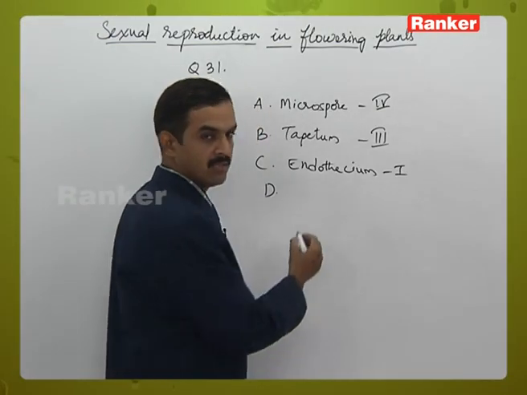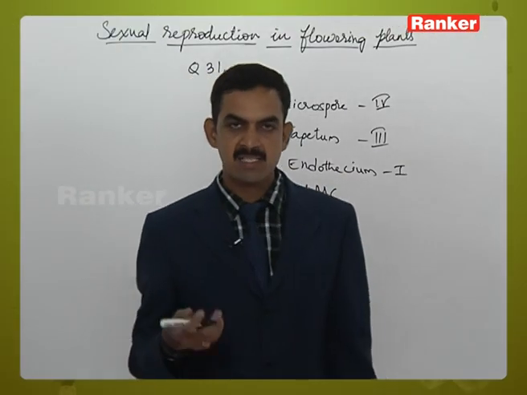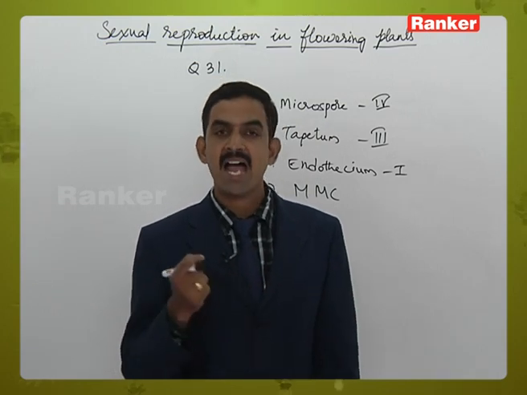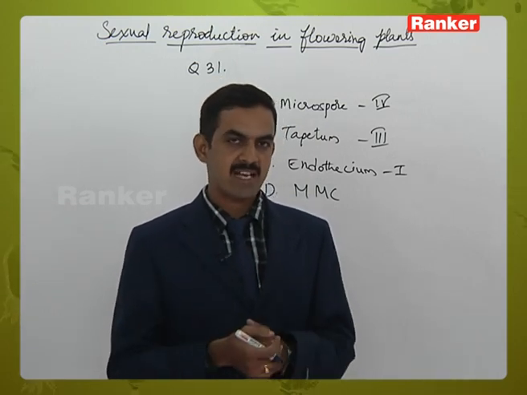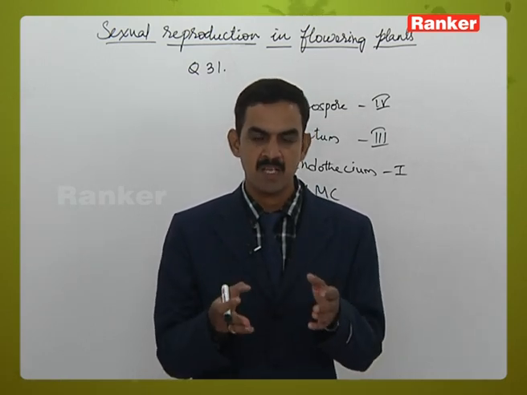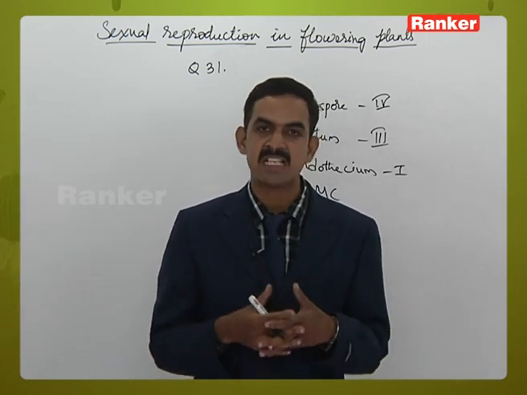And D is microspore mother cell. Microspore mother cell is the mother cell of microspores, which is diploid in condition. This microspore mother cell, otherwise called pollen mother cell, will undergo meiotic division, and any cell undergoing meiotic division we call a meiocyte.